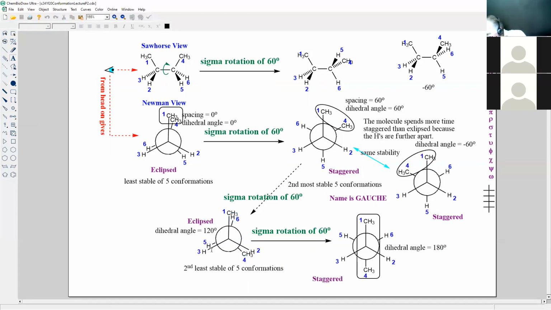I don't know if I can get a nice circle on the two methyls there, but the angle's 120. And this is the best of all the staggereds. Do you know why? This is the most stable of the 5 conformations. Most stable. And the reason is we got the biggest groups 180 degrees from each other.